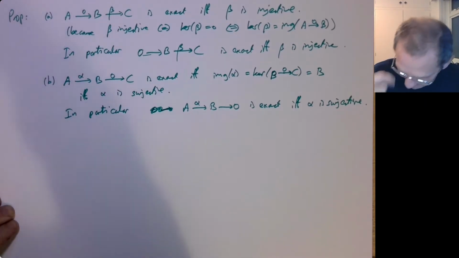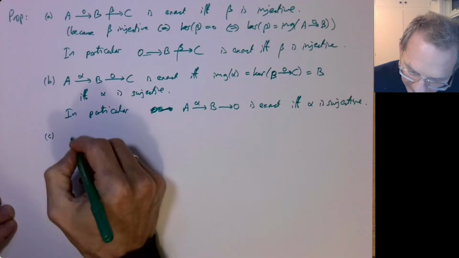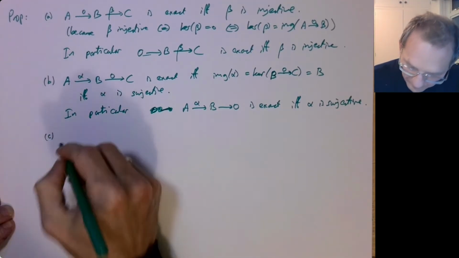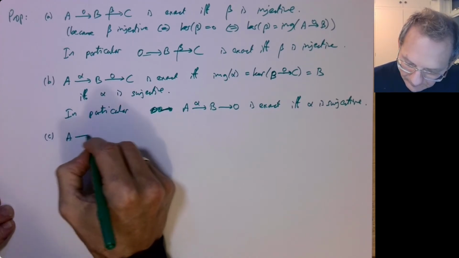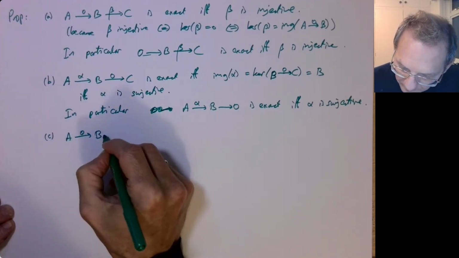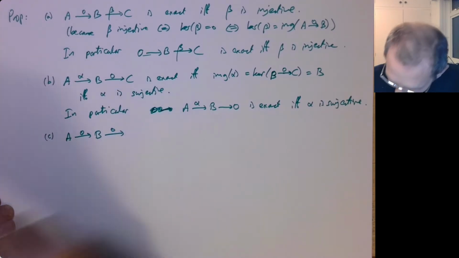Another thing we can say: what happens if we've got both homomorphisms being 0?